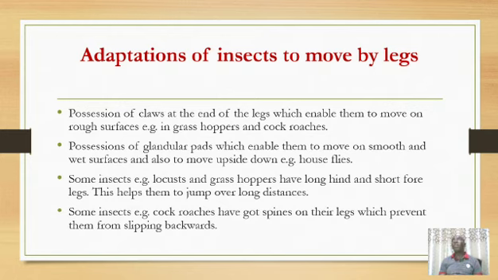That is why you're able to see insects like houseflies. They can even walk on structures upside down. They are able to climb walls that are smooth because they possess the glandular pads. Some other insects, like the locusts, like the grasshoppers, they have longer hind limbs.